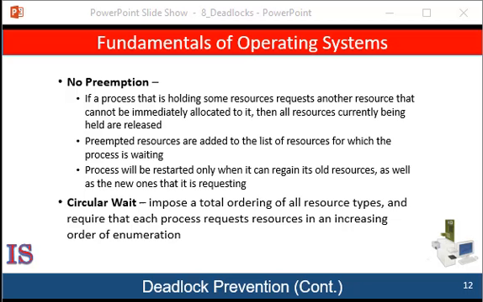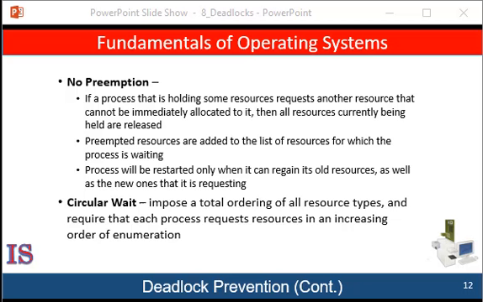If the resources are neither available nor held by a waiting process, the requesting process has to wait. While it's waiting, some of its resources may be preempted, but only if another process requests them. A process can be restarted only when it has been allocated the new resources it's requesting and recovers any resources that were preempted while it was waiting.